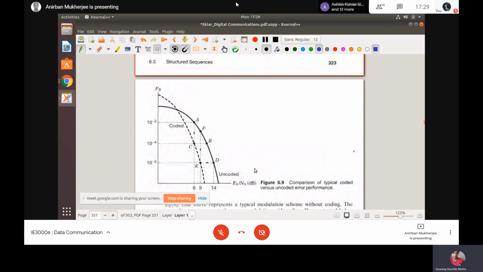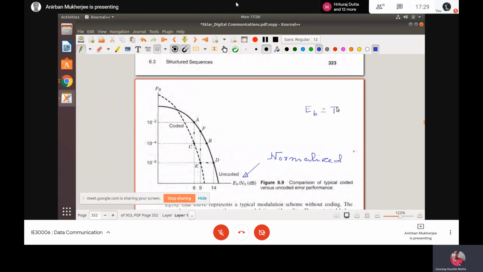What is this EB by N0? It is a normalized SNR that we know, because it is the signal power by noise power. EB is the bit energy.